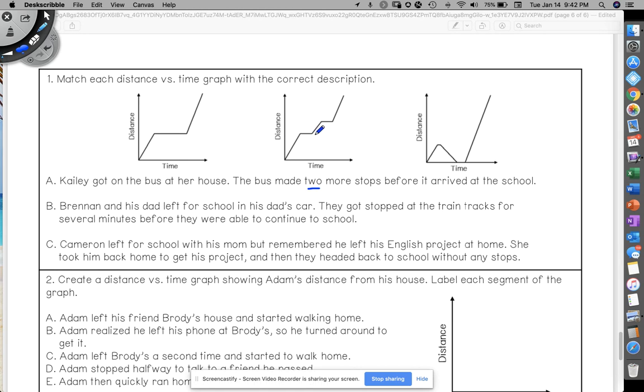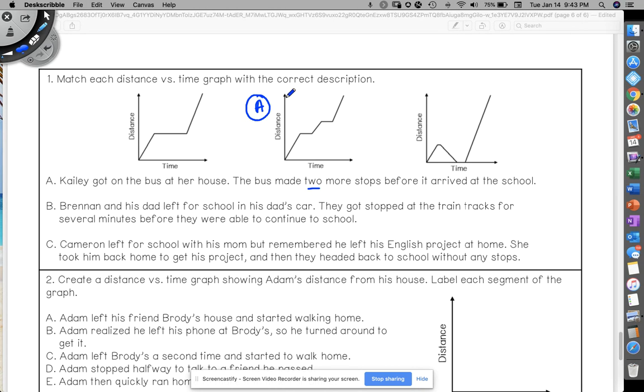Now this one here does have 2 stops. It is moving away. Okay, let's look at this one. This one goes up. It has a very short stop, but then it drops down. It stops again, and then it takes off. So I would say the best graph for A is this middle one. So we're just going to put A right next to the graph.